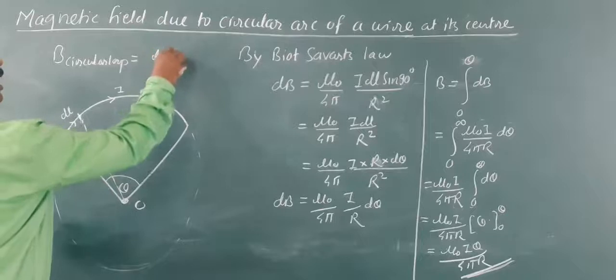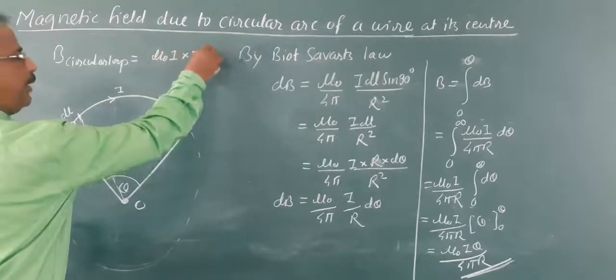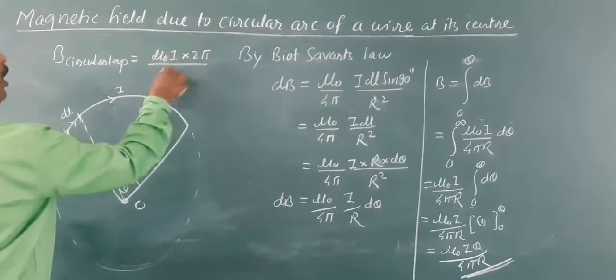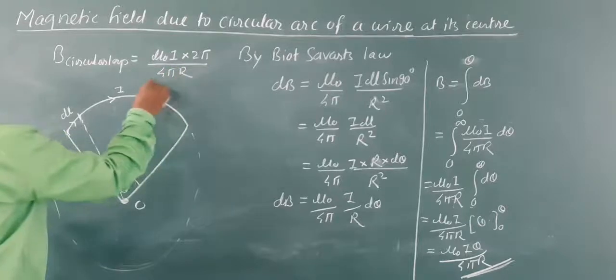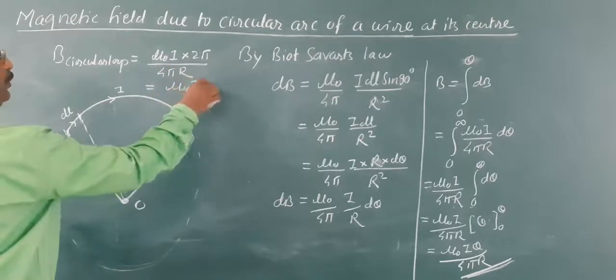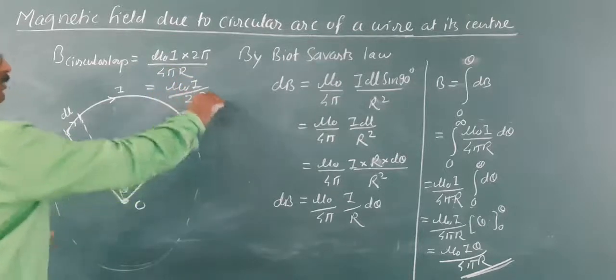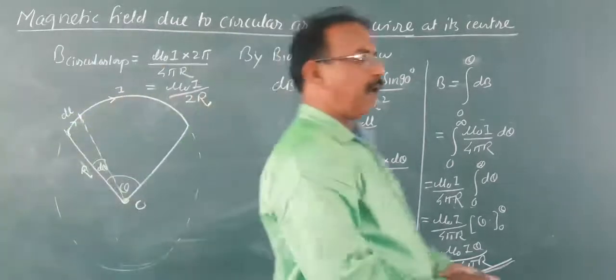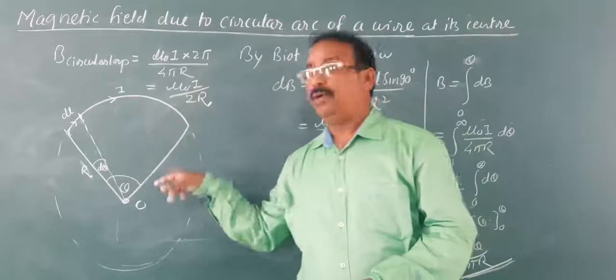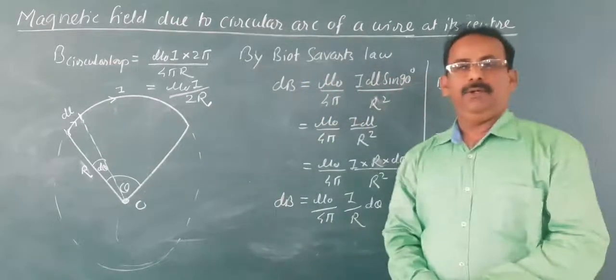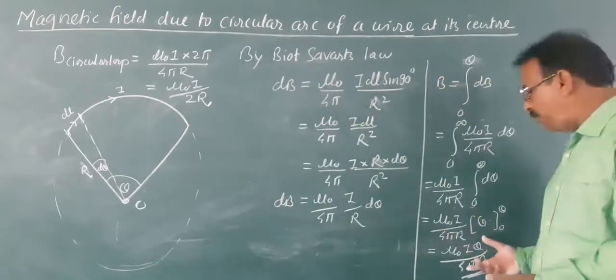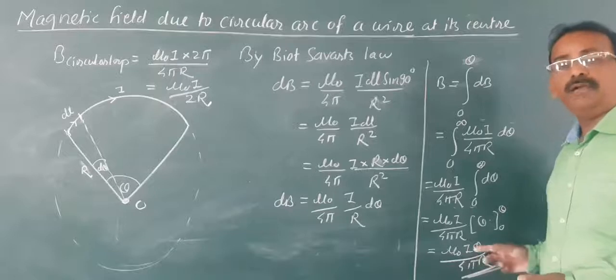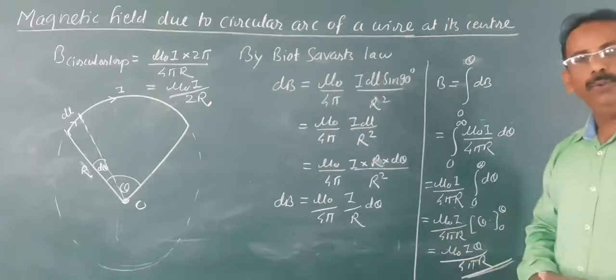Mu 0 I into 2 pi upon 4 pi R. Means this comes equal to mu 0 I upon 2 R. This is the magnetic field produced by circular loop at its center, which we have obtained from this relation just by replacing theta by 2 pi.